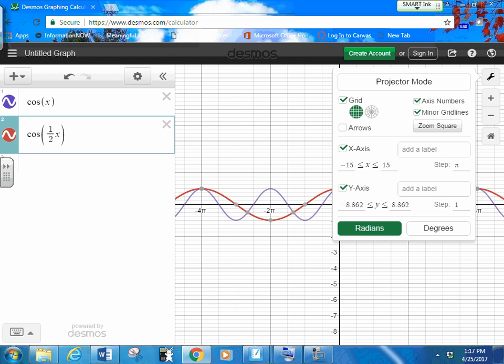And guys, here's the wrench. That's how you need to have your settings set. So when you get to Desmos, you'll adjust.